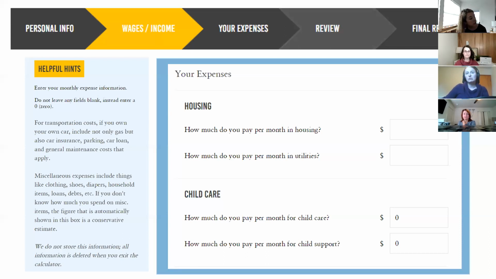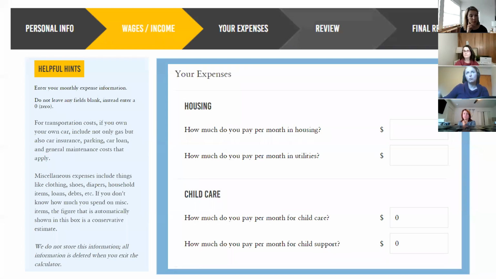It will also help people to see what different types of public assistance they could qualify for if they're not already accessing that. And we talked about it a little bit in the other part of the presentation, but what this tool does is it shows income adequacy.